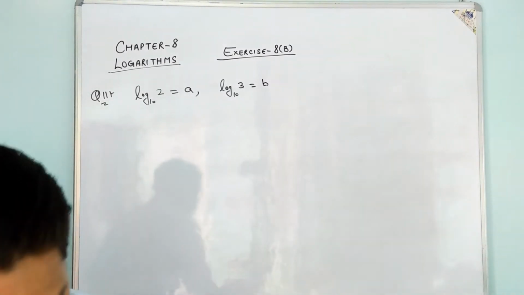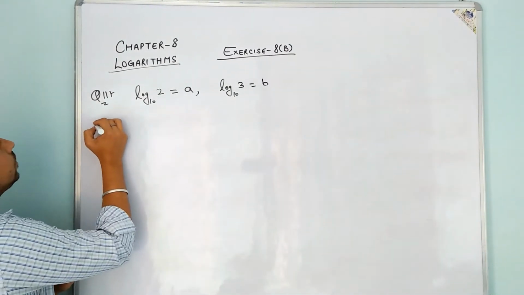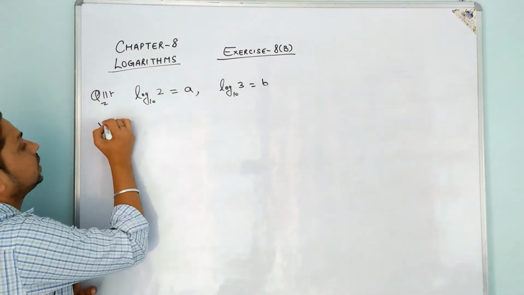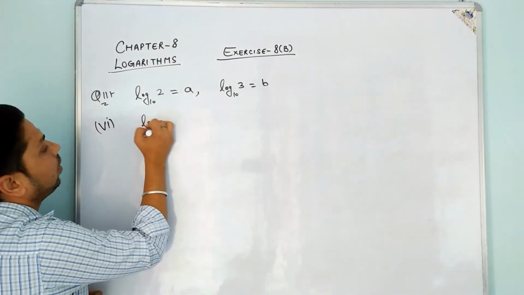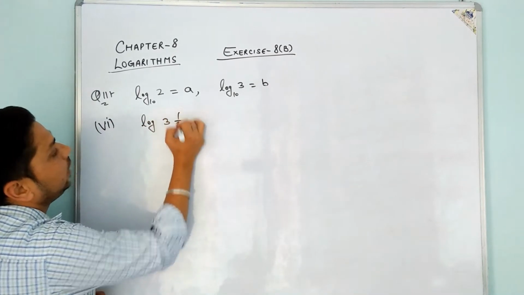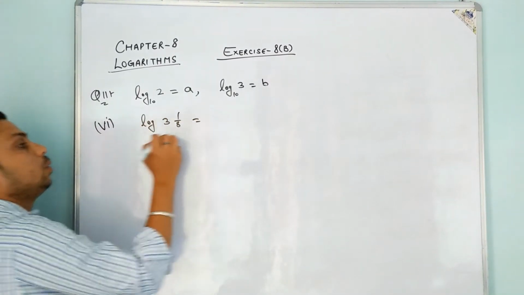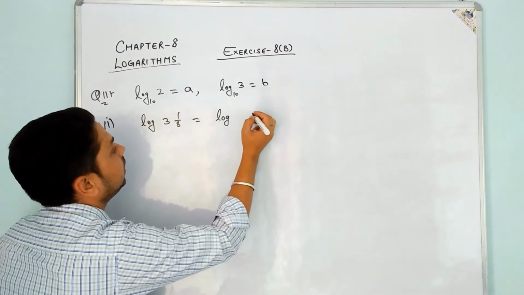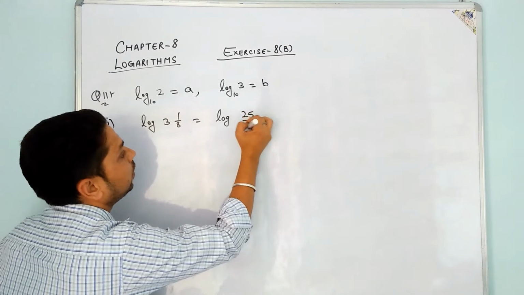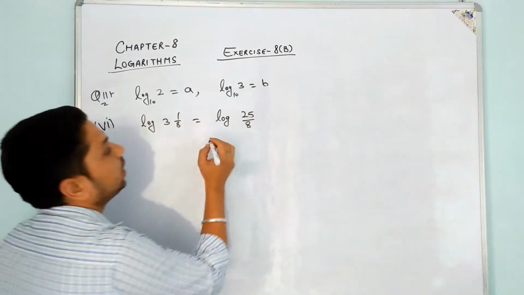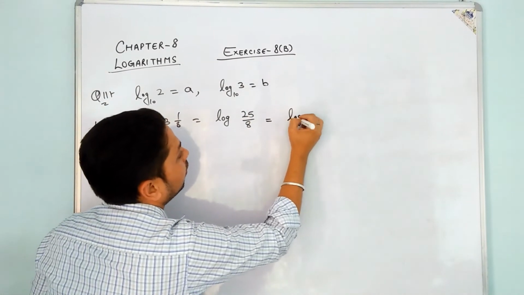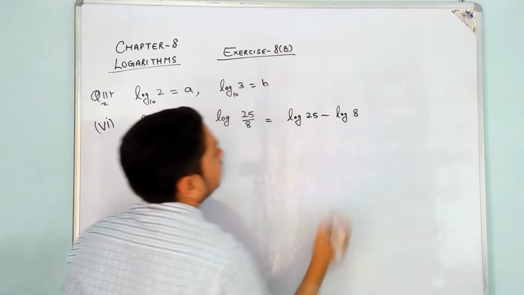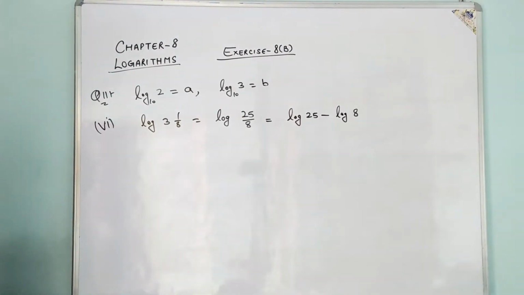This is the sixth part, log of 3 1 by 8. First, reduce this into a simple fraction. It will give you 25 upon 8. This is equal to log of 25 minus log of 8.